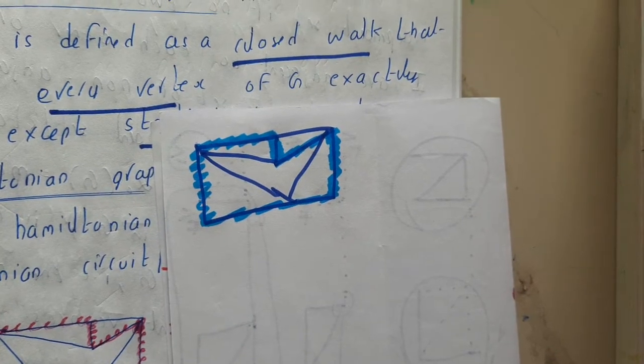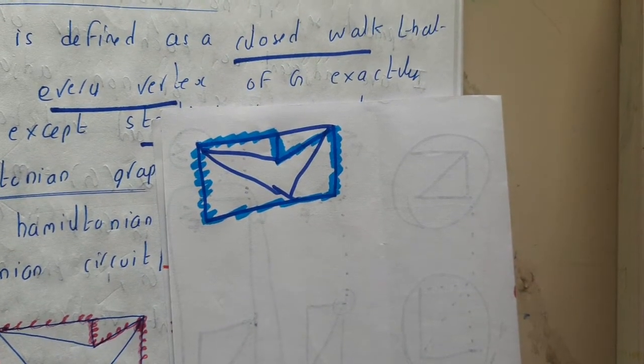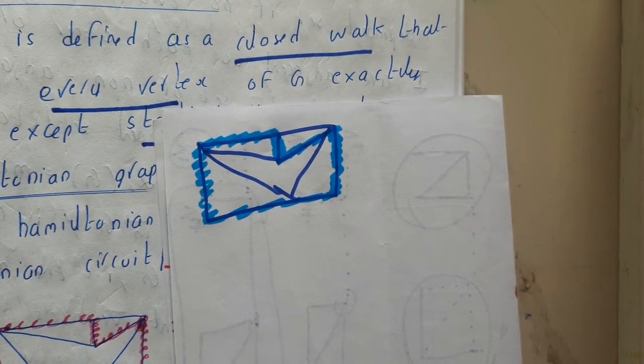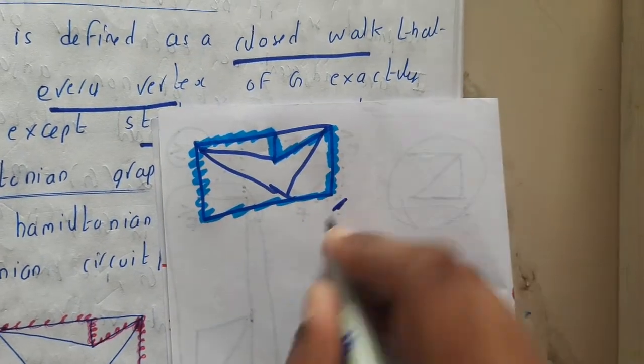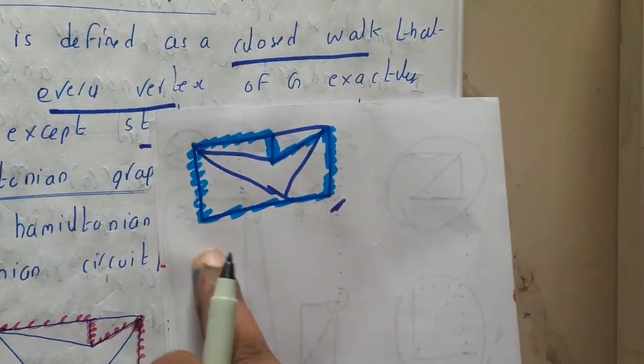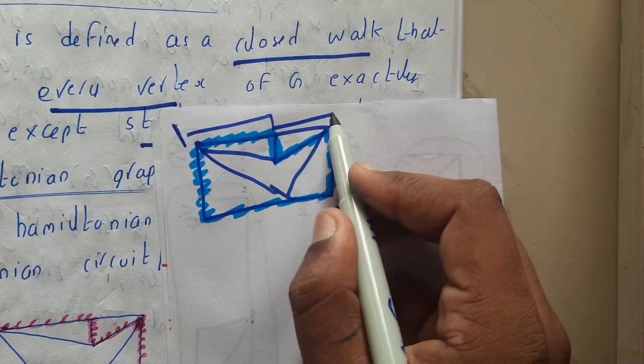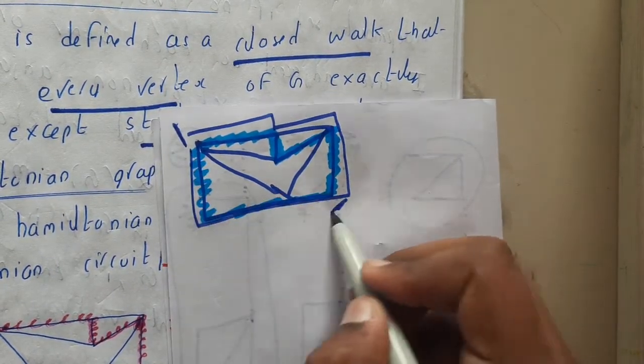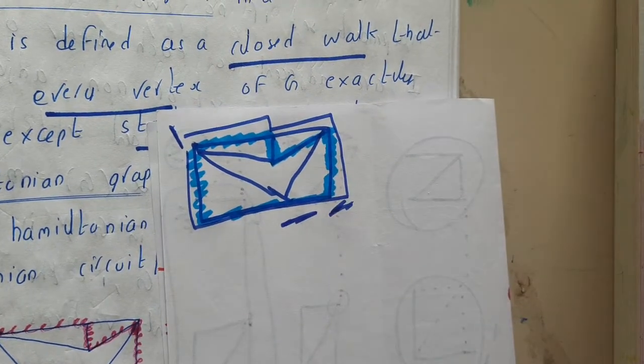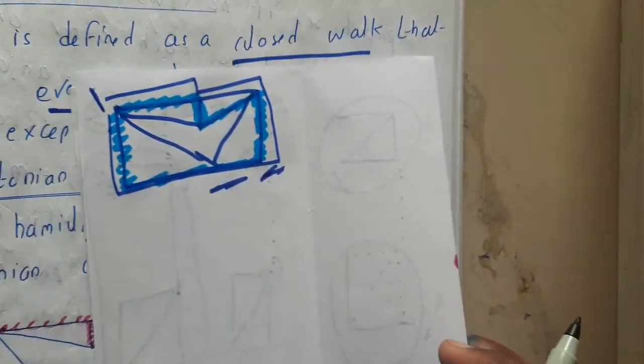You just need to visit each vertex, and that's it. So we visited each and every vertex. Hence, this has a circuit starting from here and going in this way, right? Yes. So this graph is nothing but a Hamiltonian graph, guys.